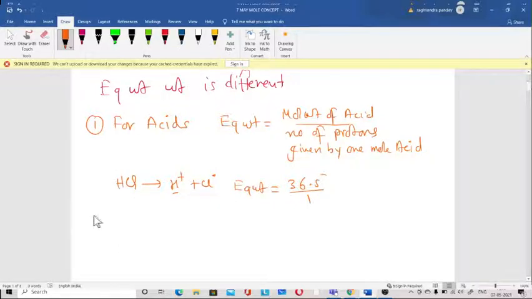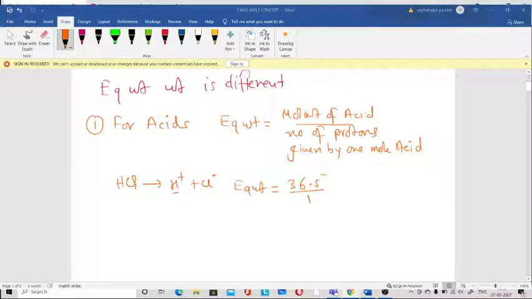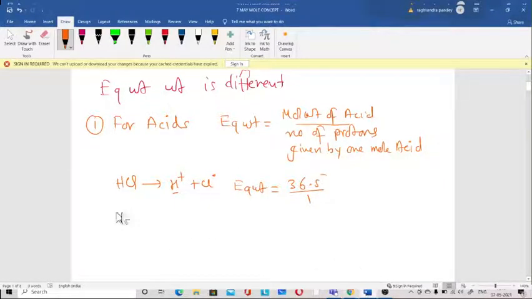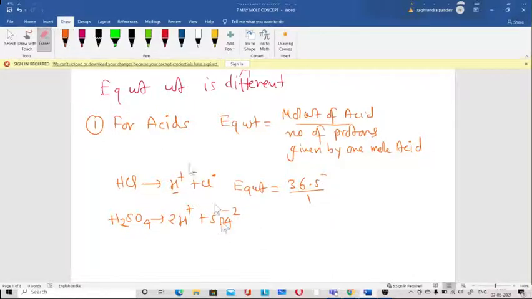For H2SO4, it gives 2H plus ions and a sulfate ion.